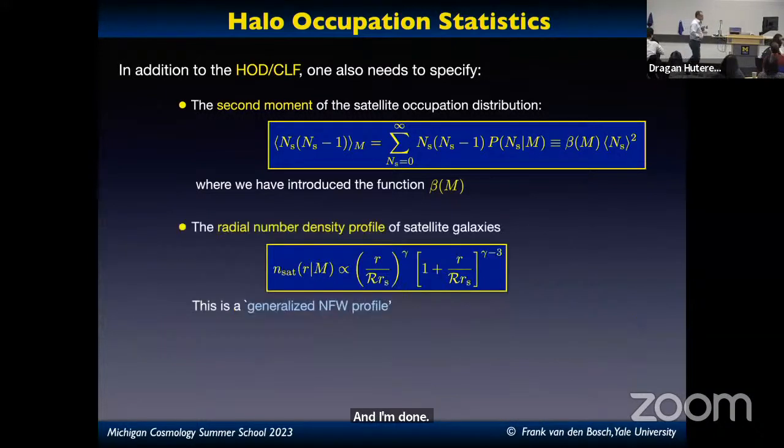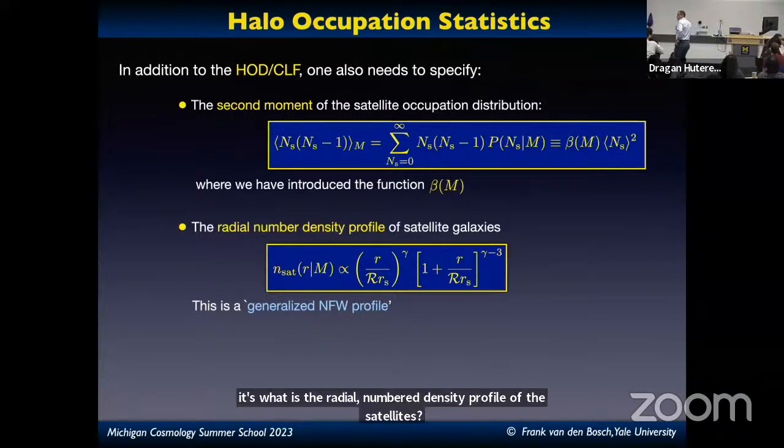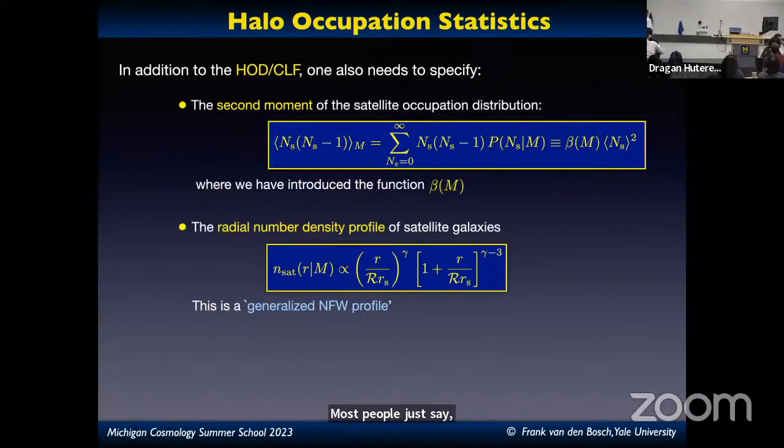Now, what is next? The next thing we need to know is how those satellite galaxies are distributed in the halo. What is the radial number density profile of the satellites? Most people just assume they also follow an NFW profile. But you can be a little more general and say there's no good reason why they should, and assume a more generic functional form.